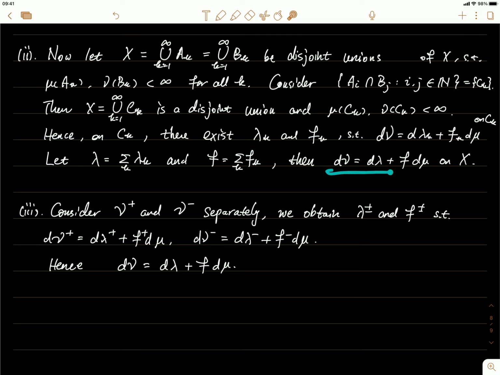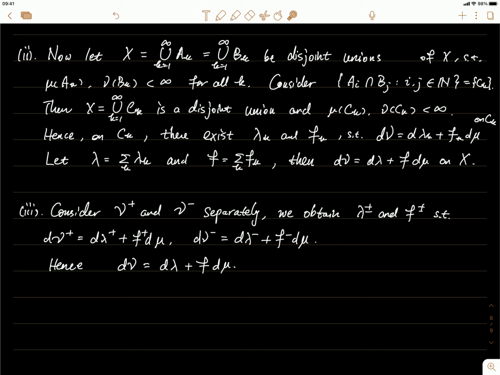Then it's easy to show that nu can be decomposed in this way. This lambda, as we said here, is the orthogonal complement of mu, and this part is absolutely continuous with respect to mu. We also inherit that same property for this final form.